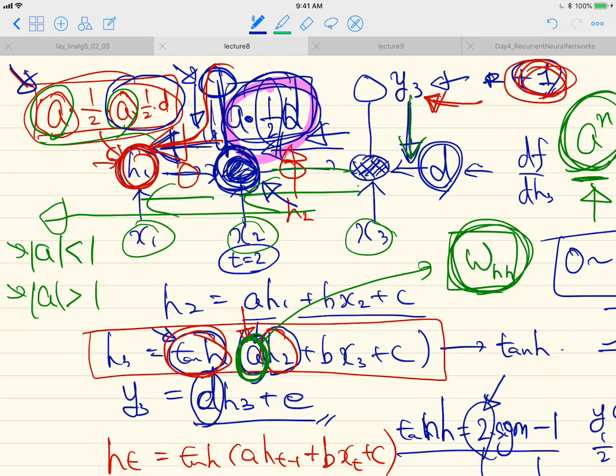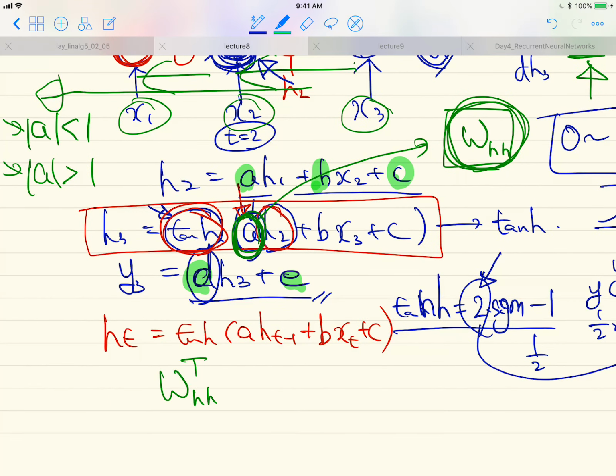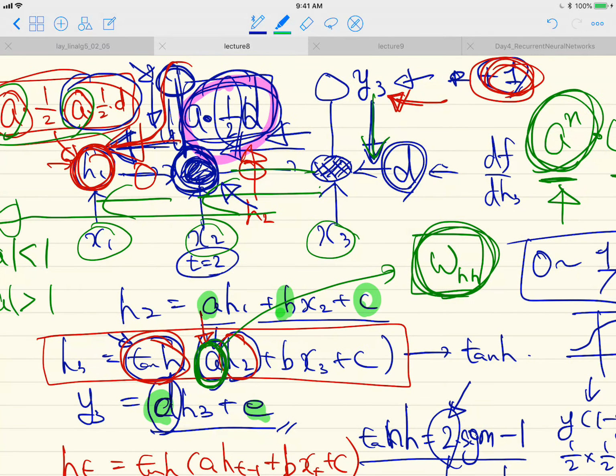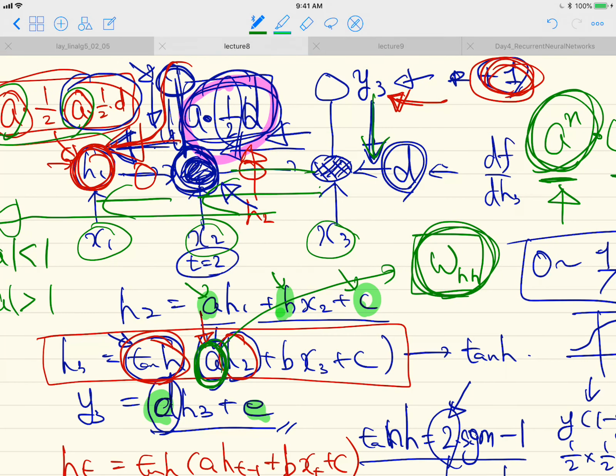what are our parameters in this case? Of course, A, B, and C, like these values. A, B, C, and maybe D and E, right? So in this case, let's just focus on A, B, and C, and also on this A. Because it's a recurrent neural network, they share all these parameters across different time steps, right?